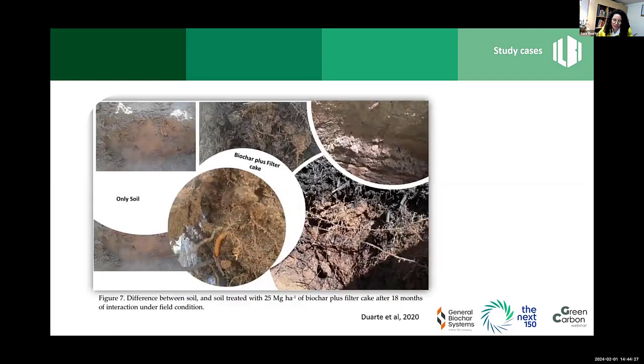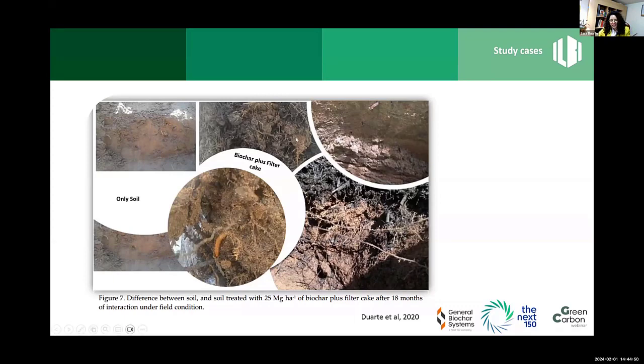And of course, when we improve the soil condition and increase the water retention and water efficiency, we have results on aggregate stability. Look at what's happening here. On one side, we have the control, without fertilizer, without anything, only soil.